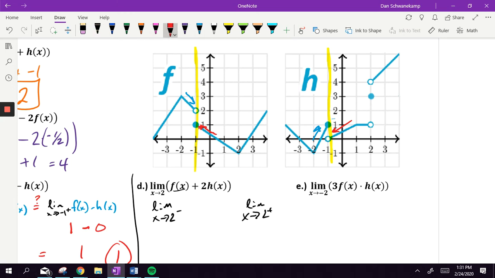If I do it from the left, negative 1 plus 2 from the left is going to be 1. But if I do the same thing from the right-hand side, this is going to be negative 1 plus 2 times h from the right, which is 4. That is 7. 1 is not equal to 7. So even when I break it up left and right, it didn't affect our answer.